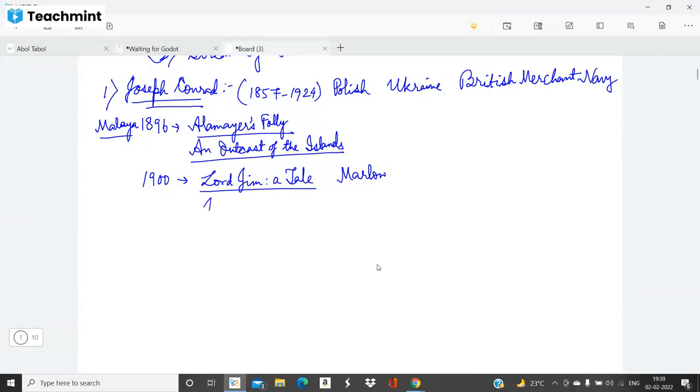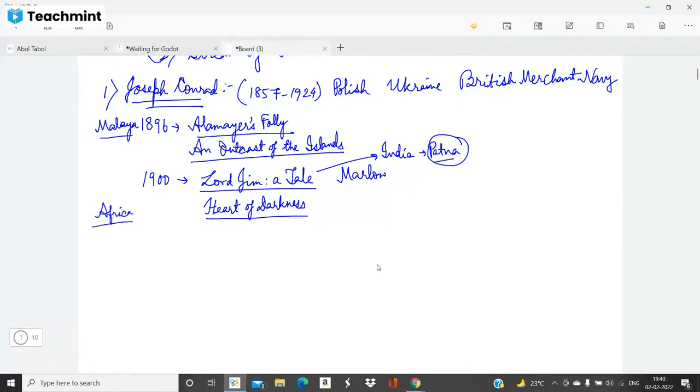The name of the original novel is Heart of Darkness. Now, Lord Jim features a tale which concerns India as well, and a ship called Patna, and the life of the captain of this ship, Patna. But Heart of Darkness is basically based on his experiences with Africa.